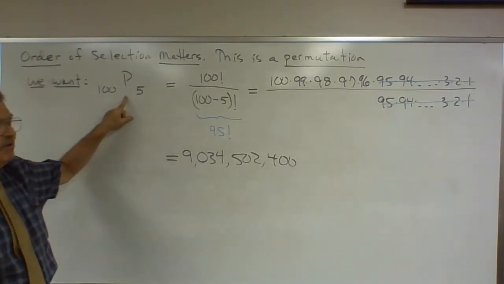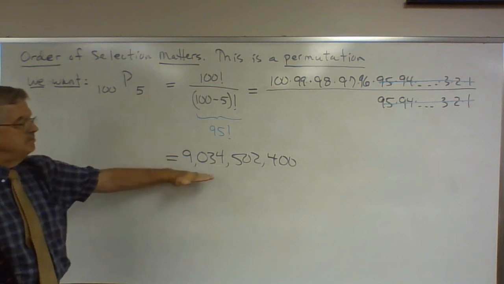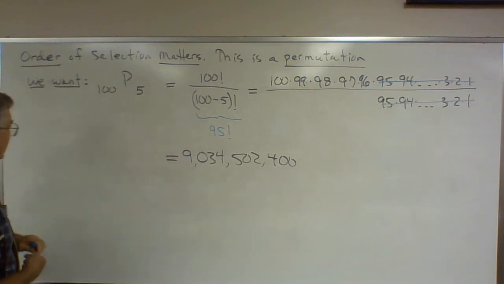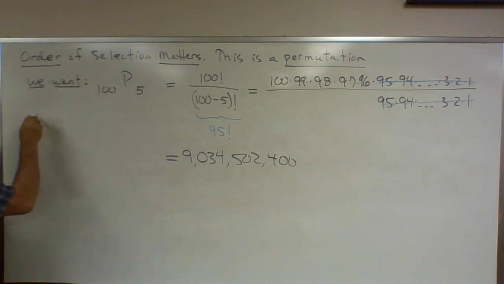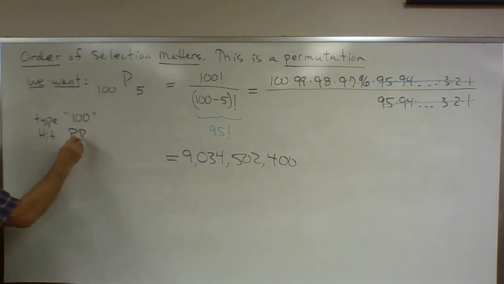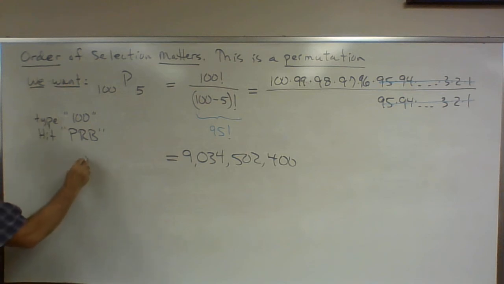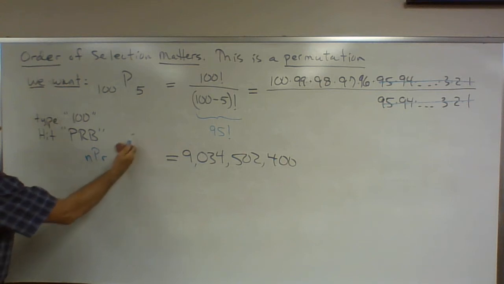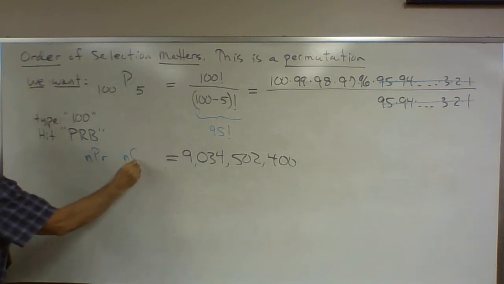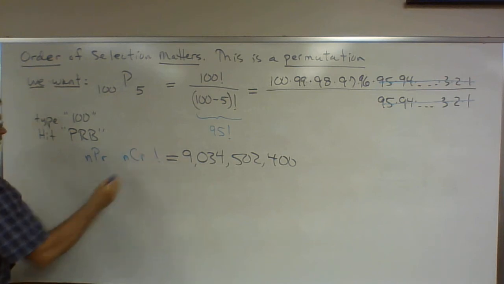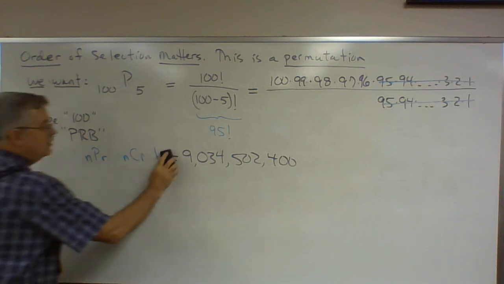If you want to take your calculator and do 100P5, go for it. What we do, we type 100, we hit the probability button. And we're going to see nPr, nCr, and factorial.